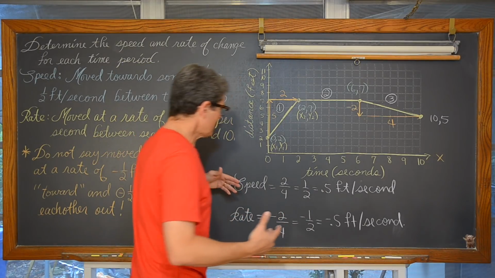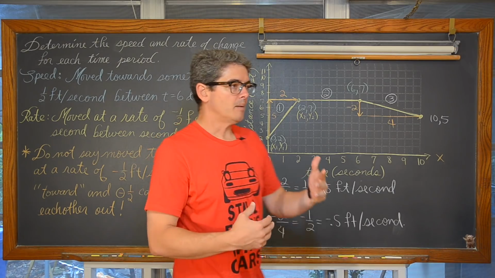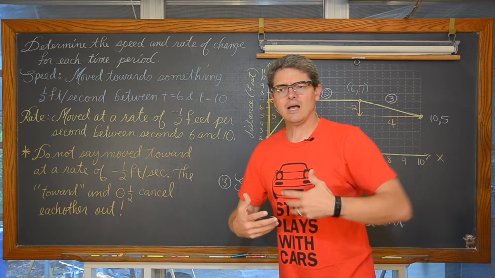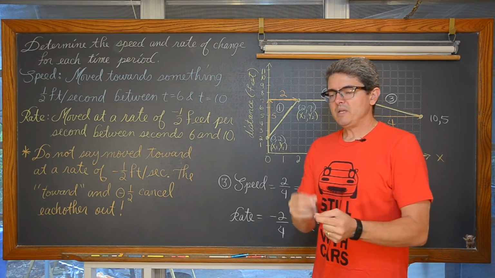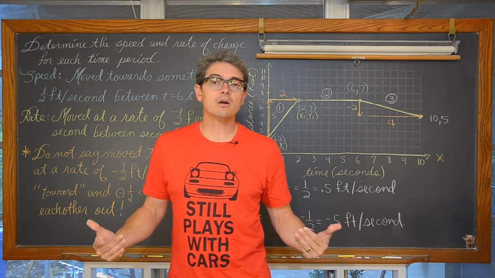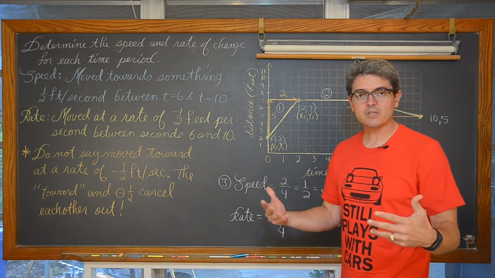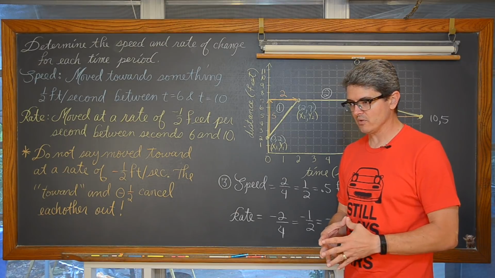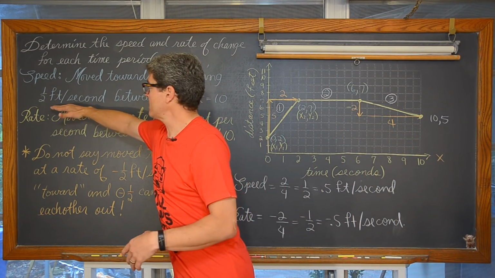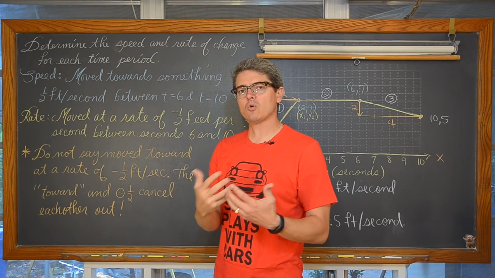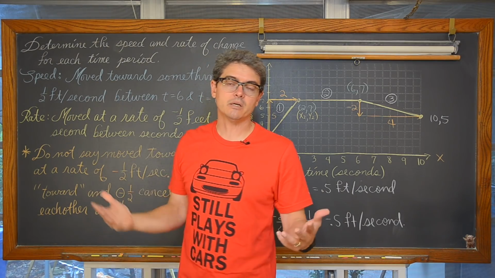So if you want to use that positive number, which is the speed, again, kind of thinking about how I talk about velocity in later math classes, speed, like the speedometer on your car, does not indicate what direction you're going in, whereas velocity, or effectively rate of change, does. So if you're going to say my speed is 1/2 feet per second, you do want to incorporate whether you're moving towards something or away.